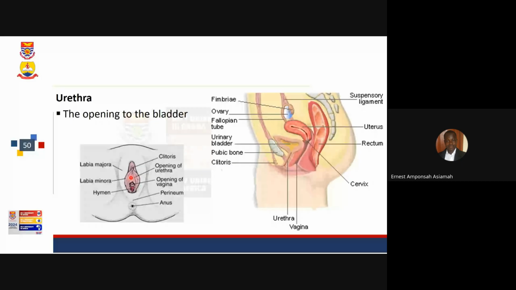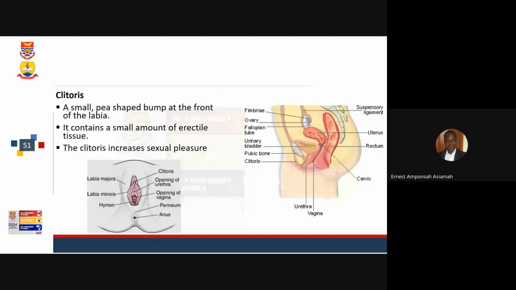Now, in between the labia minora, you have the opening of the urethra that is closer to the clitoris. Then you also have the opening of the vagina. So this is how the female vulva is.